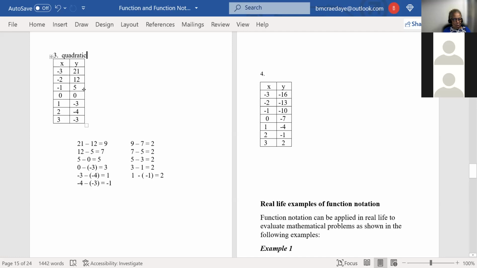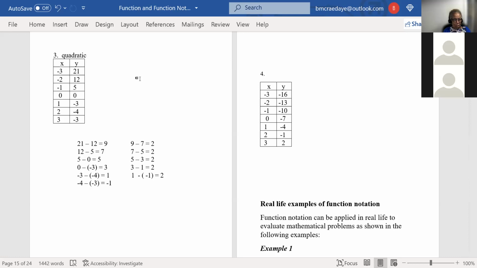21 minus 12, 12 minus 5, 5 minus 0. Just go right down the table. 0 minus a minus 3, minus 3 minus a minus 4, minus 4 minus a minus 3. Okay? Only the Y values are you getting differences for.